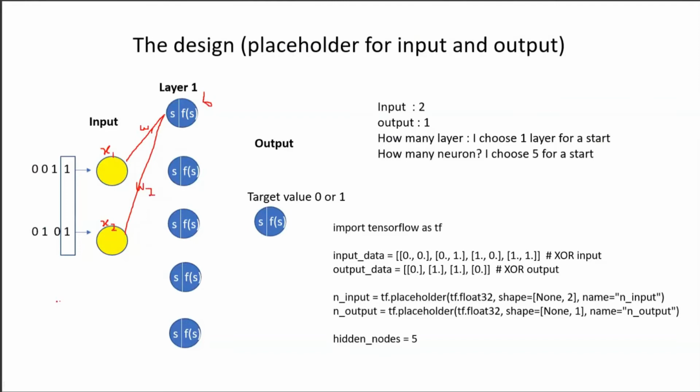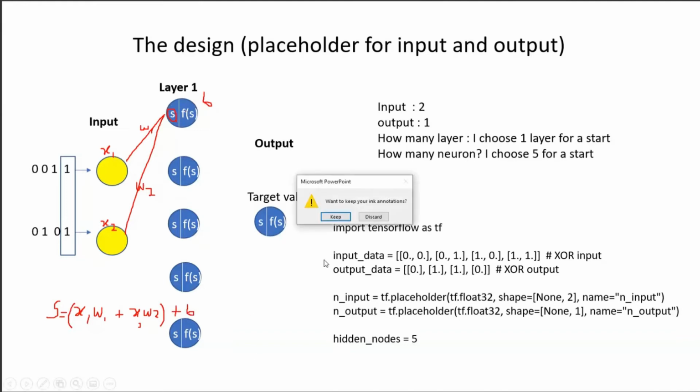So S basically will be X1 times W1 plus X2 times W2, and all together plus B1, plus B. This is for this one only.